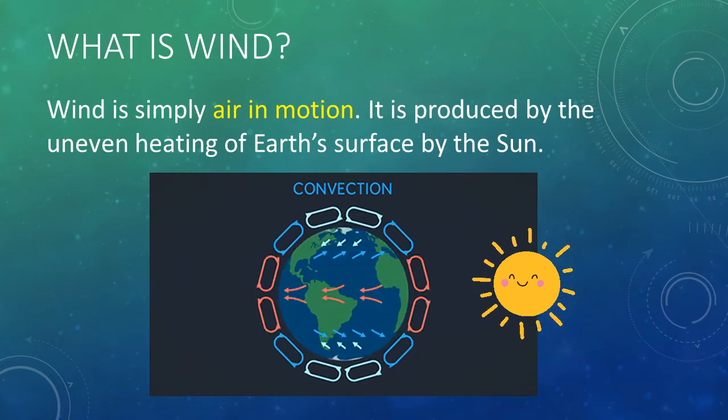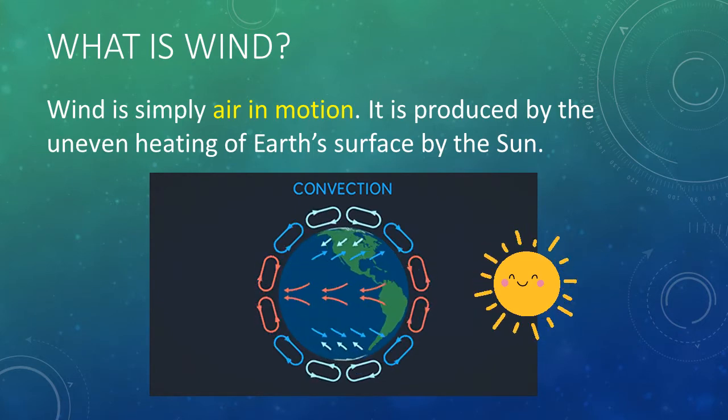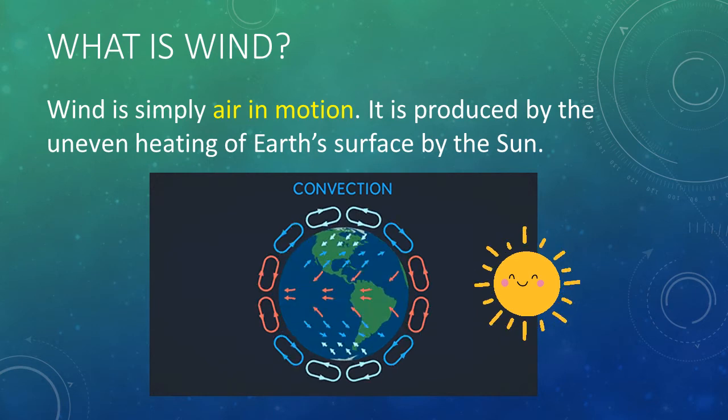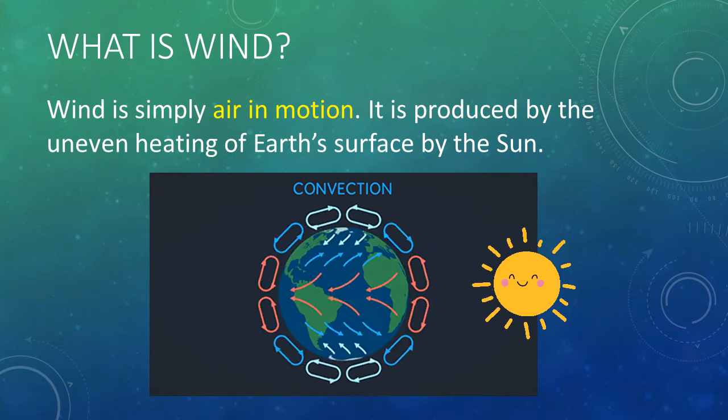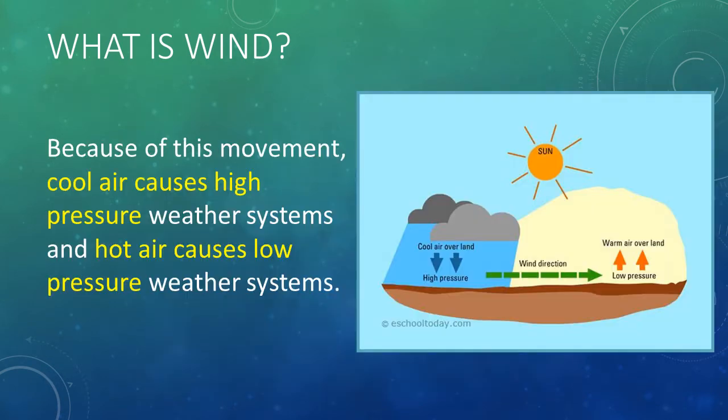All right. So some parts of the Earth are warmer, other parts are cooler, constantly causing air to move. Because of this movement, we know that cool air causes high pressure systems as it sinks, and hot air causes low pressure weather systems as it rises.